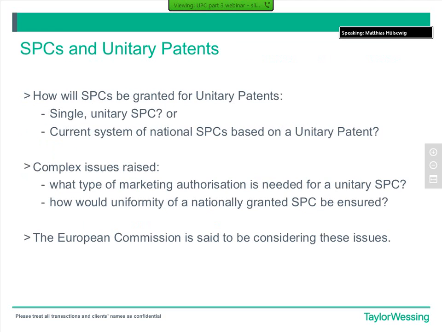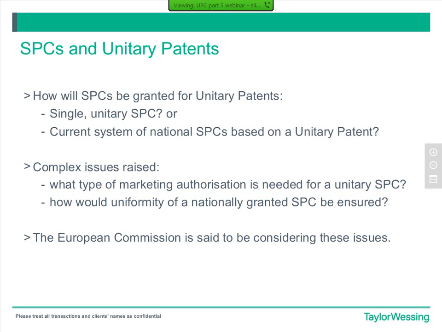There is as yet an unanswered question about whether a unitary supplementary protection certificate will be created, which in effect can be granted on the basis of a unitary patent. The alternative is that the existing system of national SPCs will be adapted for unitary patents as well.